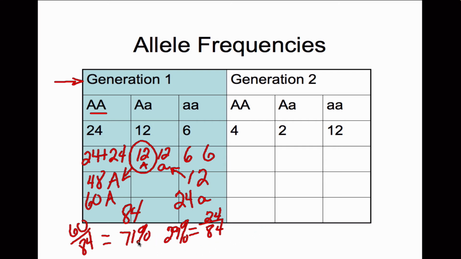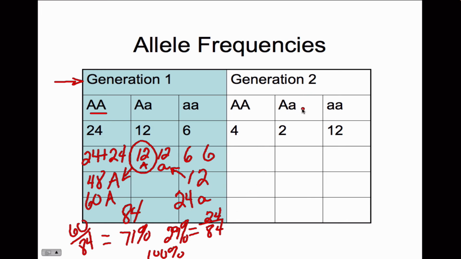All right, now if you look at this, 71 plus 29 is going to give us 100%. When we're talking about percentages, that's a good thing because we want to equal out to 100%. So here we have 71% of the dominant allele, we have 29% of the recessive allele.